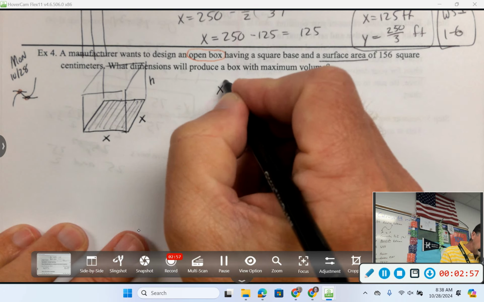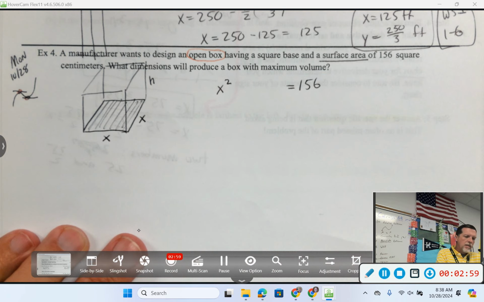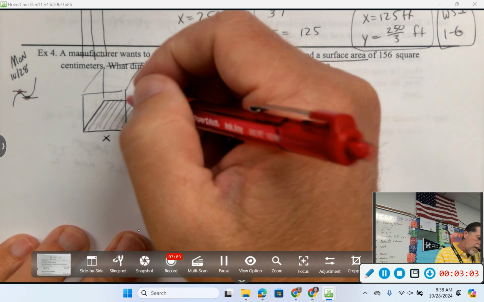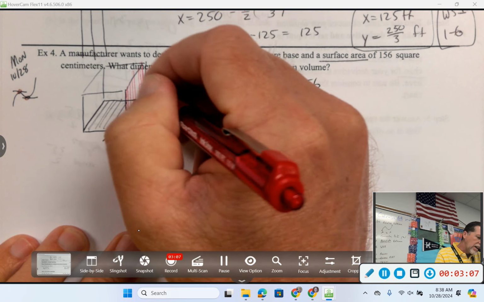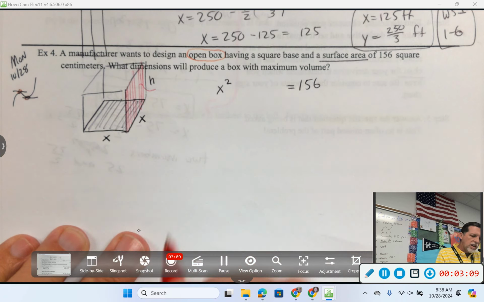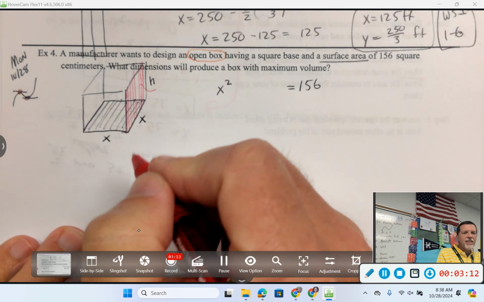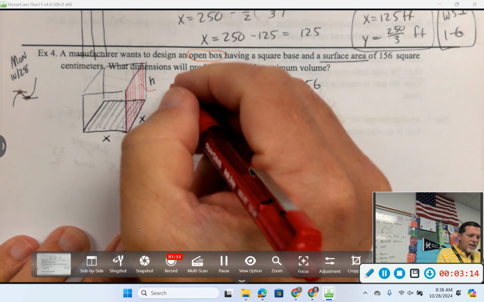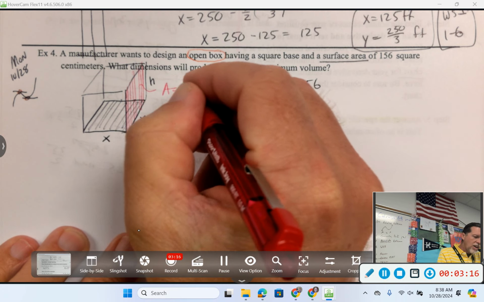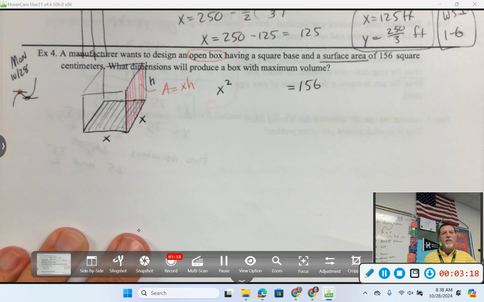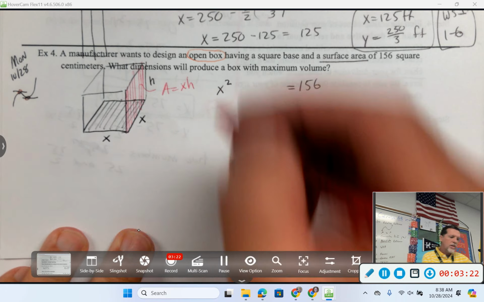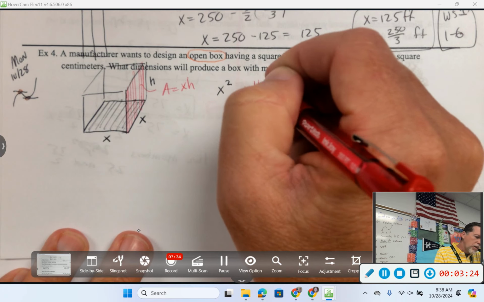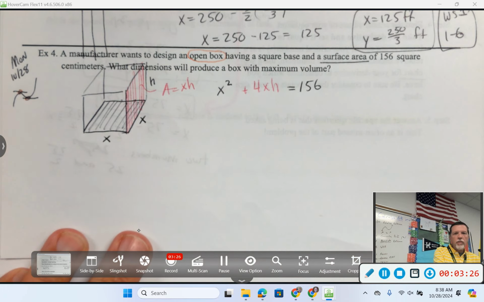That would be x squared. And then what's the area of each side? Of this side? That's not x squared. That's xh. And how many of them are there? How many xh's? 4 of those. So x squared plus 4xh equals 156.